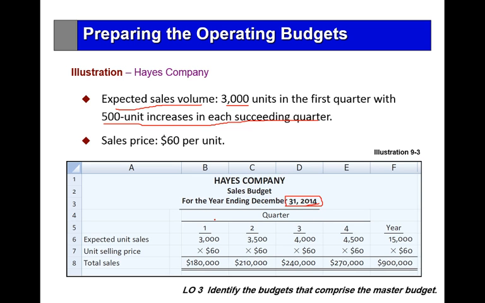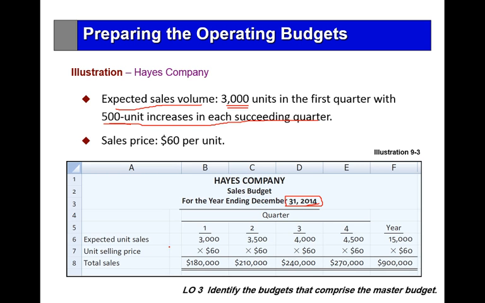Okay. Then we assume that we are in 2013, and we want to prepare a budget for the next period, which is 2014. Here the company anticipated that they will sell 3,000 units in the first quarter of 2014, and that sales will increase by 500 units each quarter.